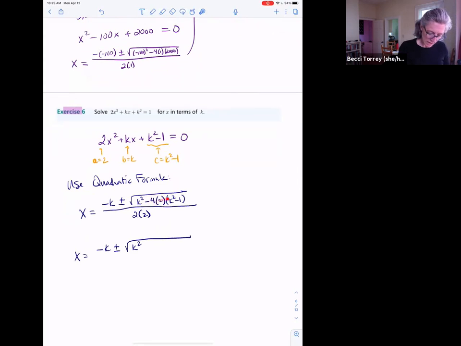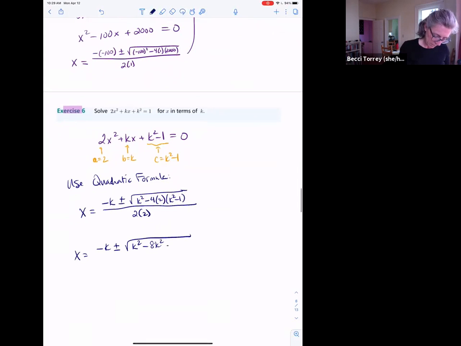So this is minus 8 times k squared, minus 8k squared. But then we also have minus 8 times minus 1, so that's plus 8, divided by 4.